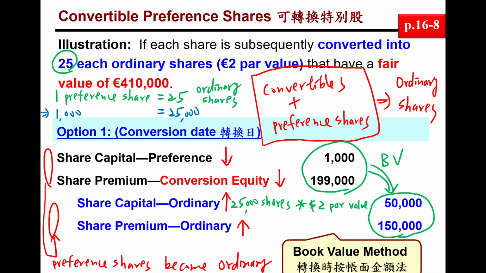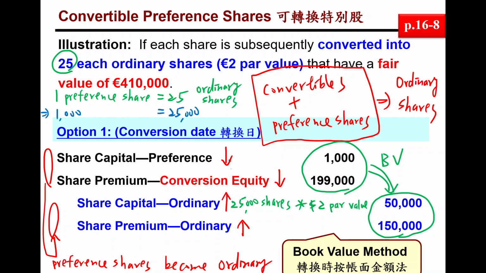Any questions? No problem. So that's case one, when preference shareholders decide to become your boss, ordinary shareholders.